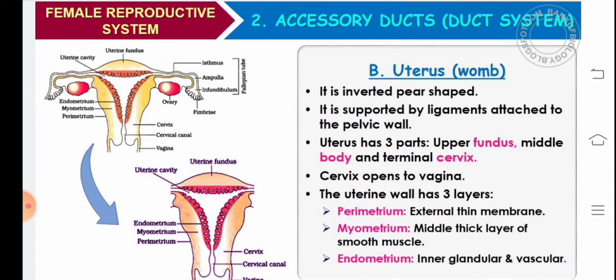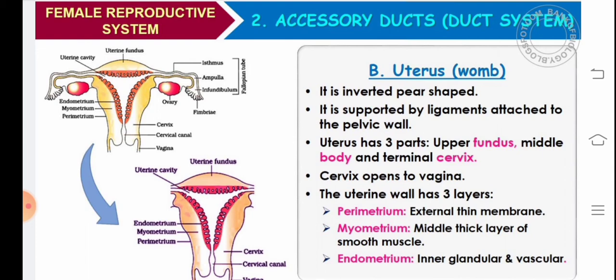Inside the uterus, fetus development takes place. The egg released from the ovary is later fertilized, and the fertilized egg develops into a baby inside the uterus. So the uterus holds the baby for 9 months.